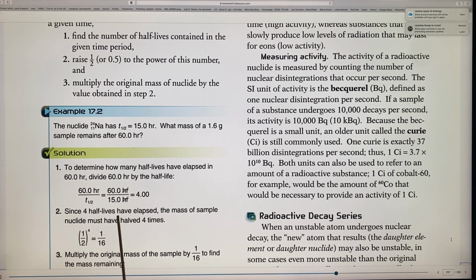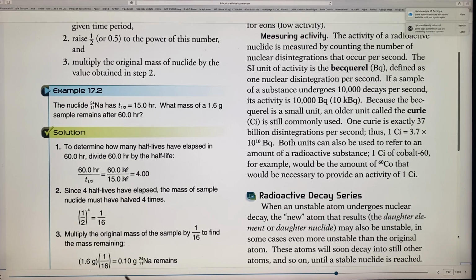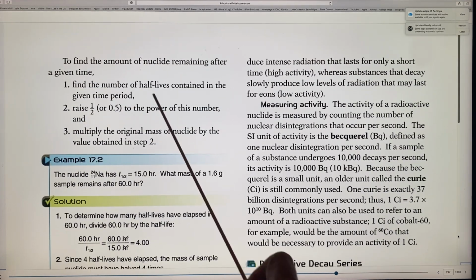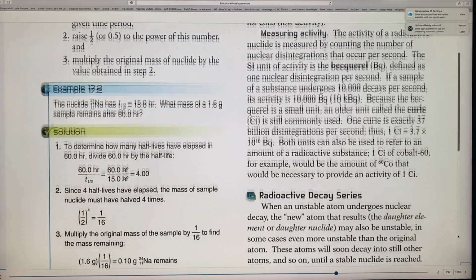So 4 half-lives have elapsed, and the mass of the sample must have halved 4 times. 1/2 with the exponent of 4 equals 1/16. So multiply the original mass of the sample by 1/16 to find the remaining: 1.6 times 1/16 is 0.10 grams of sodium remaining after that time. So basically, just do as they say to find it.